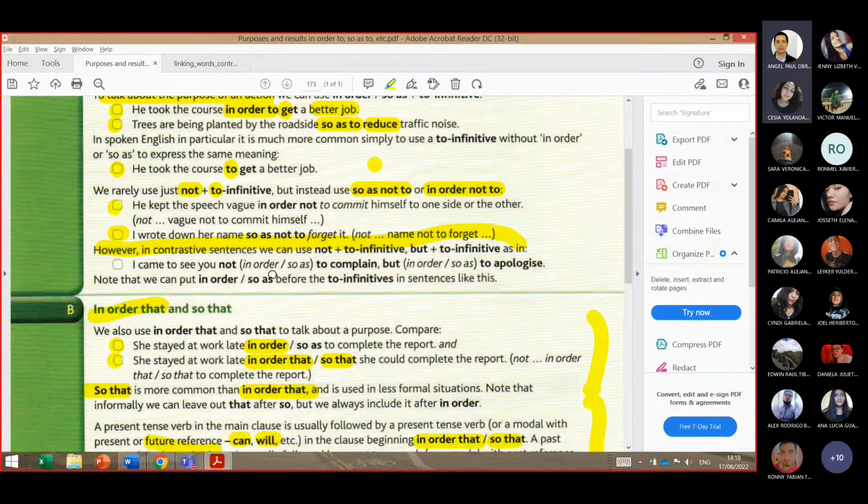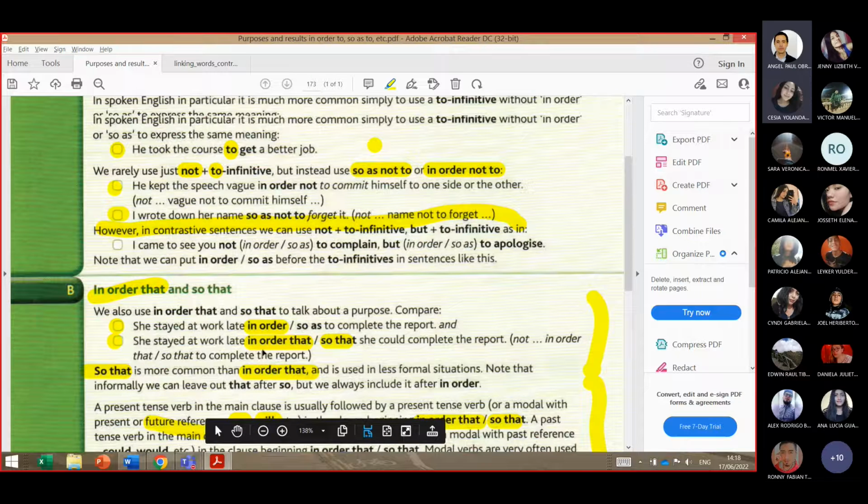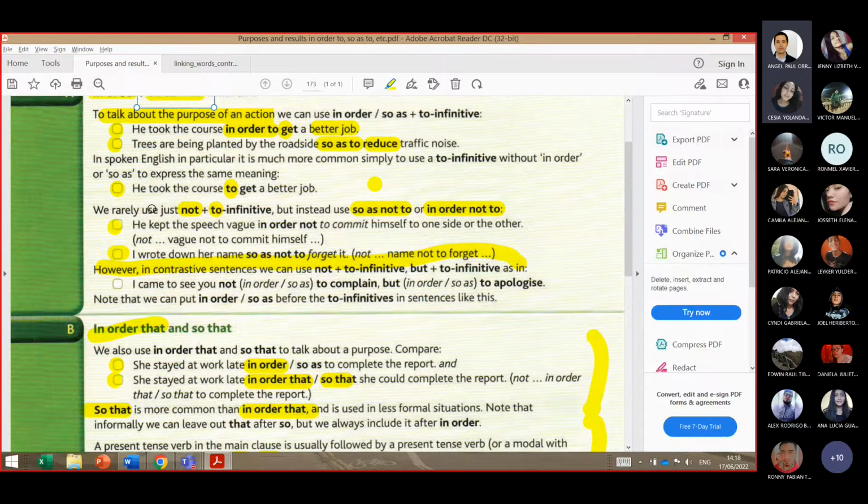Entonces, yo puedo decir, por ejemplo, a ver, no hay aquí un ejemplo, pero yo puedo decir, a ver, déjenme pensar. Puedo decir, por ejemplo, in order to play the game, we must have two computers, ¿sí?